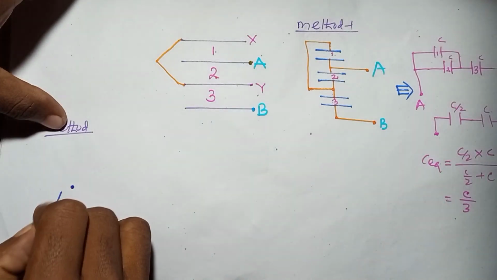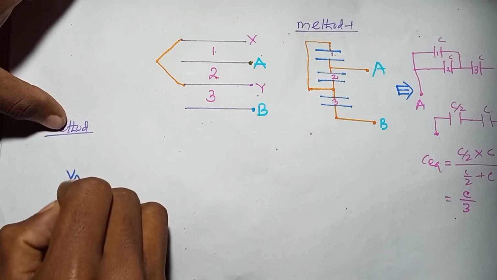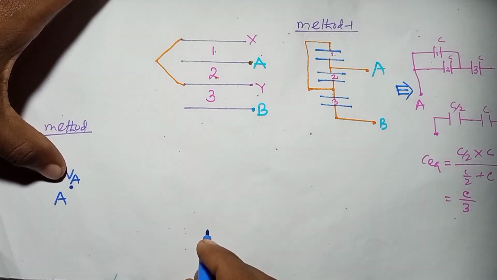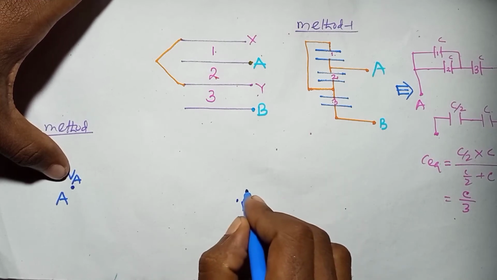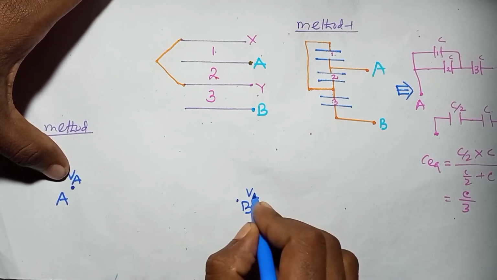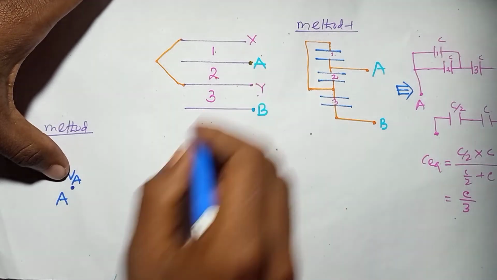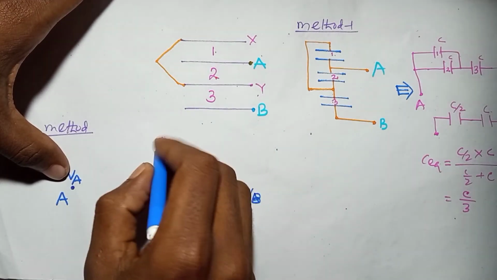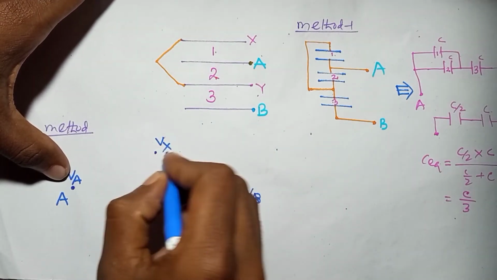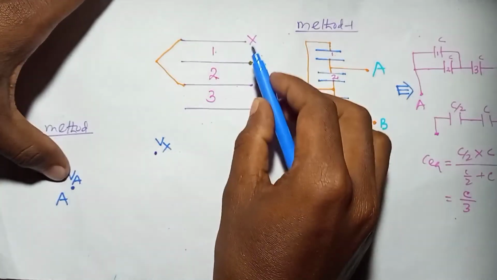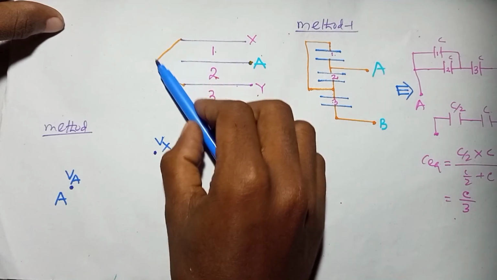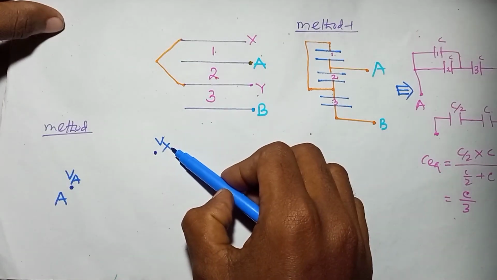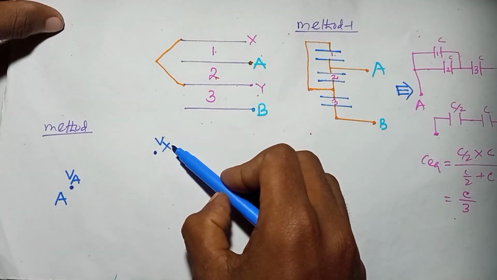Let's say this is the point A, and its potential is VA. This is the point B, with potential VB. You also have to write the potential of X, and one thing to note is that this X plate and Y plate are connected by a conducting wire, so they have the same potential. I am writing it as Vx.